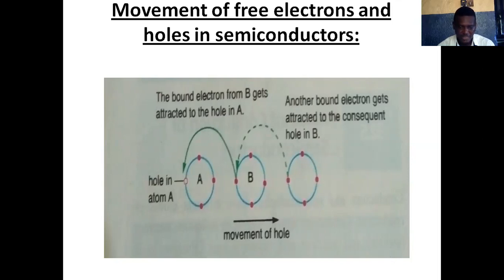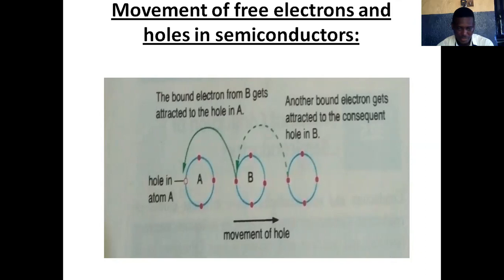Now there is a movement, there is a hole created in A. Hole in atom A. That hole is as a result of what? The liberation of electron from that particular spot. So there is need for that hole to be what? Filled. So the electron in atom B moves from that particular spot to fill it, and the circle continues.